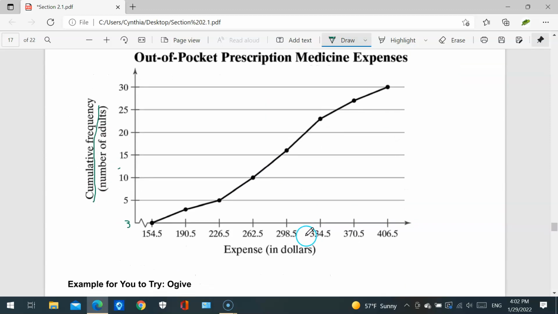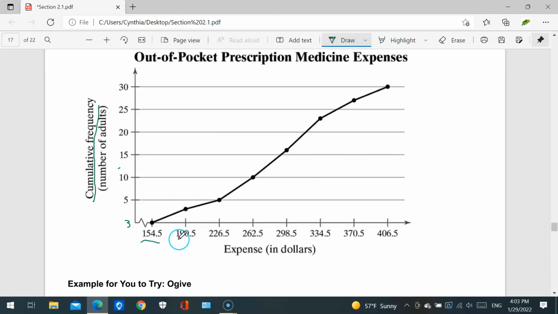We look at the graph. So this is an Ogive graph. On the vertical axis, they label the cumulative frequency. So you should know this is an Ogive graph. It's a keep-going-up graph. On the horizontal axis, they use the upper boundary, right?